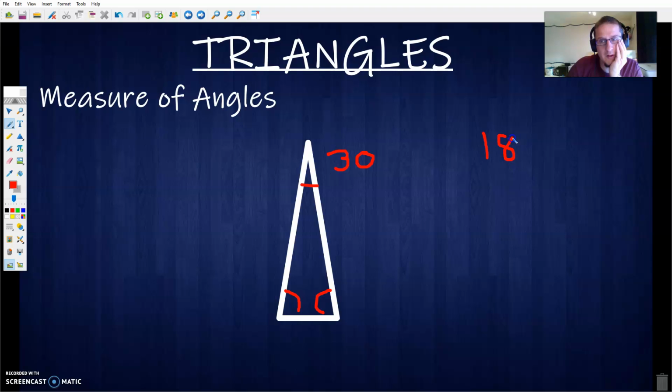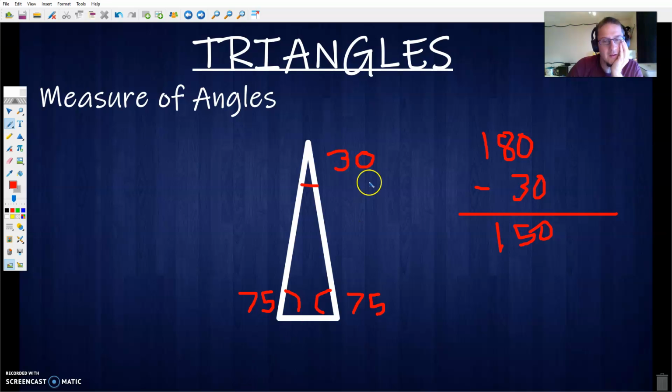Well, it has to be 180, so 180 minus the 30 gives me 150. Then we just need to divide that by 2. I happen to know that 150 divided by 2 is 75. So each of those angles would be 75-degree angles.